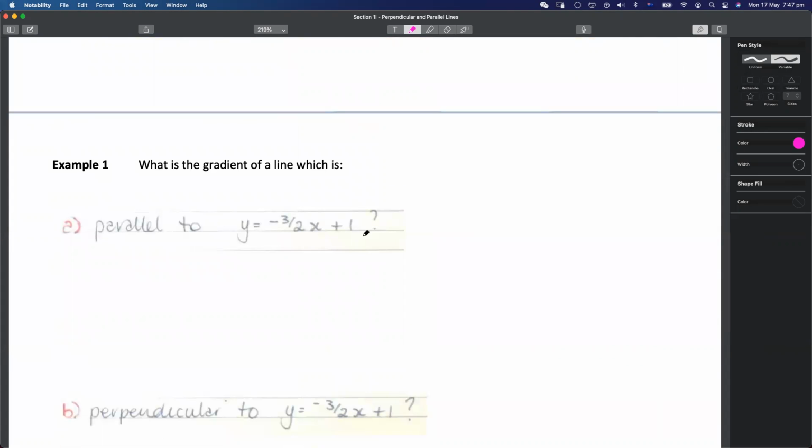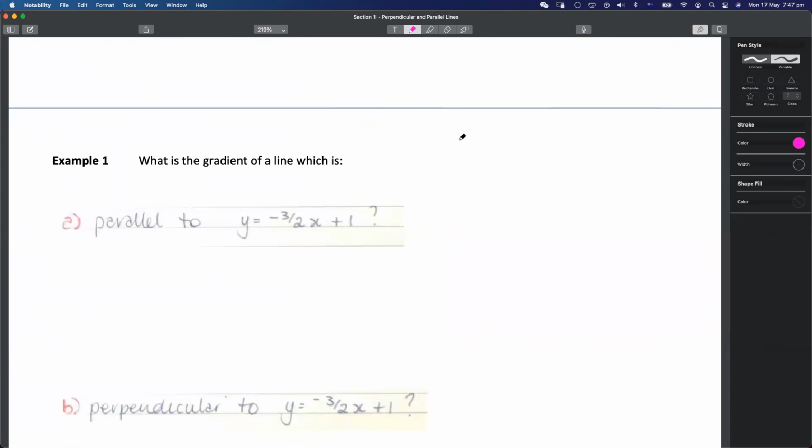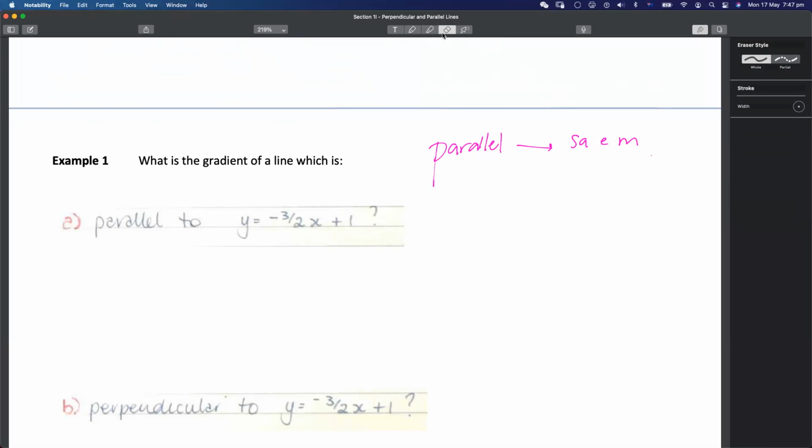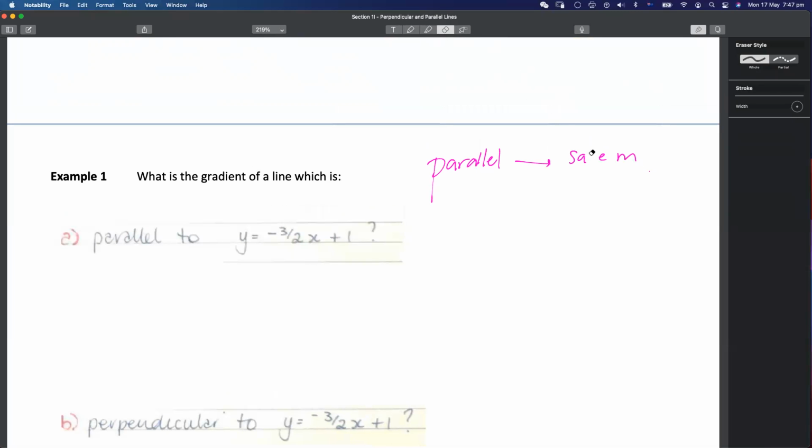Example 1. What is the gradient of a line which is parallel to y is equal to negative 3 over 2 x plus 1? Parallel implies the same gradients, the same m for both lines.